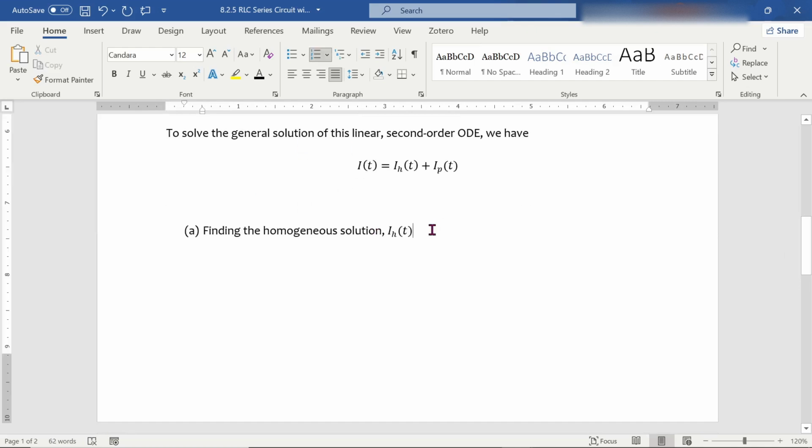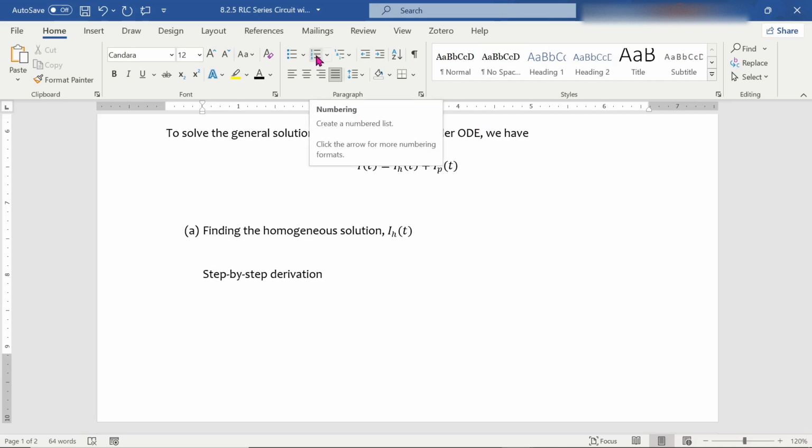Now, likewise, we also structure our solution in letter A. So we have this step by step. I call it step by step, and I find it more practical to have a step by step derivation, so that we will not be lost, right?